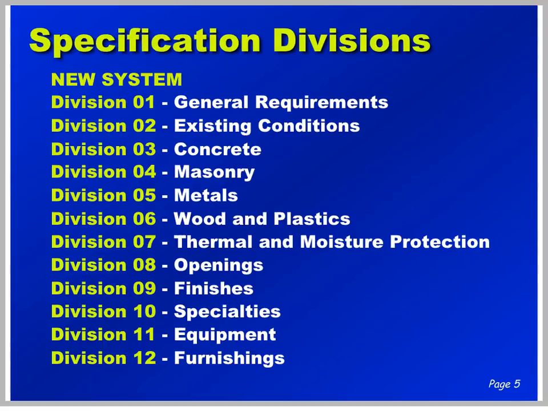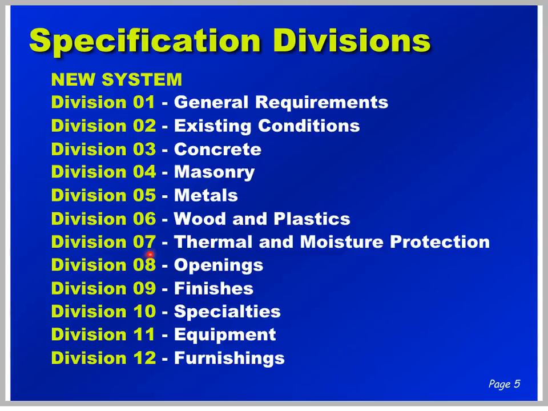The first two numbers are the general categories and breakdown like this. 01 general conditions, something you're familiar with, concrete. They've done something a little bit different with it now called 02 existing conditions.